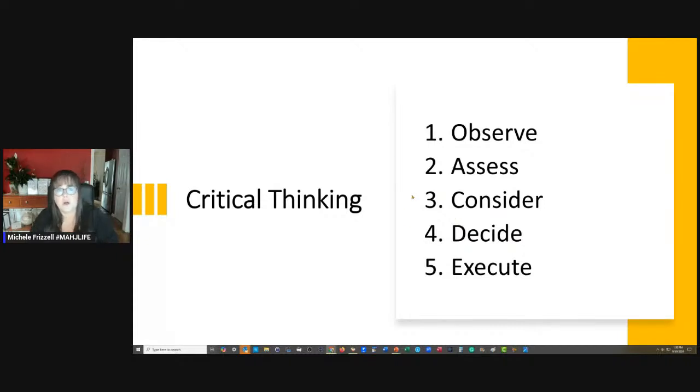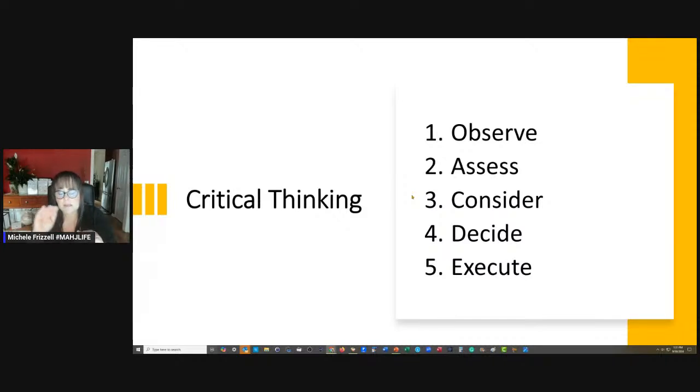When you are in the pick and discard phase of the game, this is when critical thinking moves up a notch. Even during the Charleston, you're using critical thinking skills, but even more so during the pick and discard phase of the game.